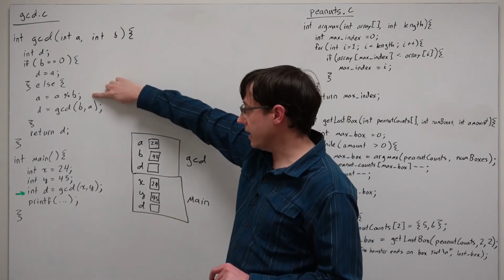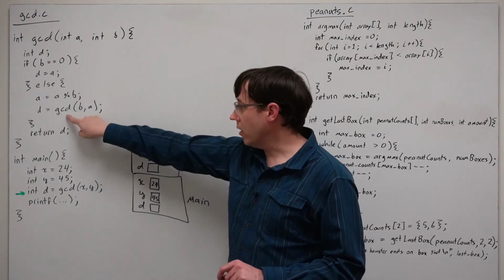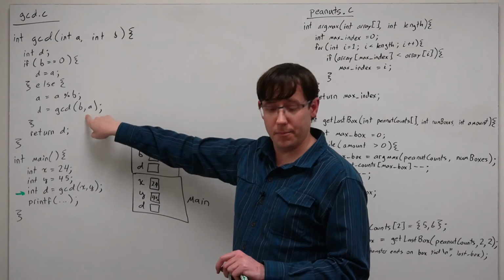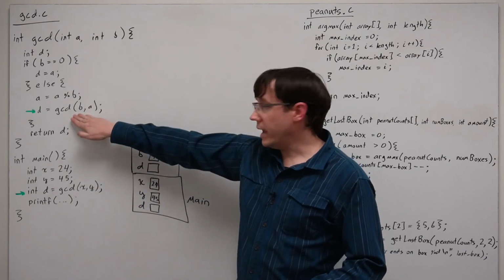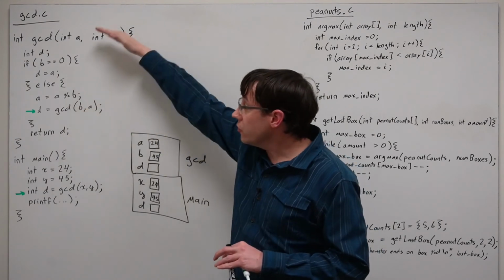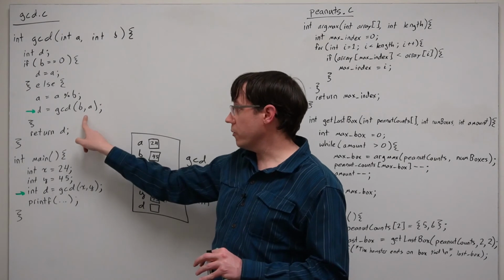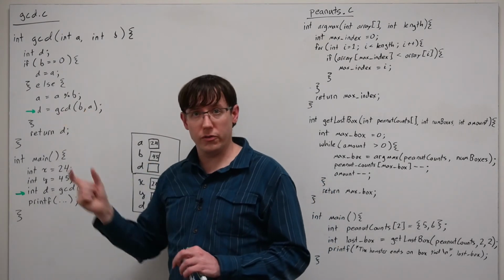So this just assigns the value 24 back into A. But now we call GCD again, which means that we get a new stack frame for this new function call. So our first call to GCD is paused on this line, waiting for the return value from the recursive call.